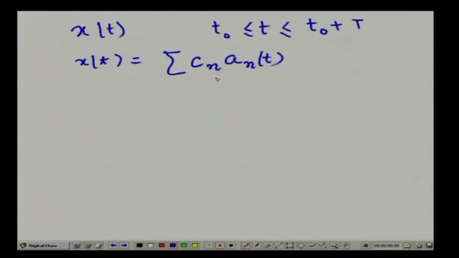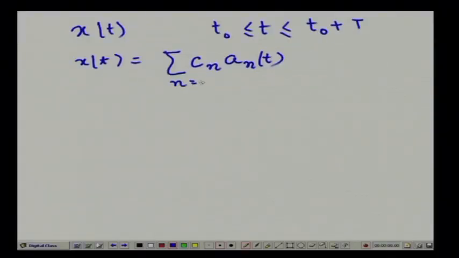You remember that a n t is the set of orthogonal basis functions. So, x t equals the sum of C n a n t, where n varies from 0 to infinity. Then this term C n is called the nth coefficient of expansion.